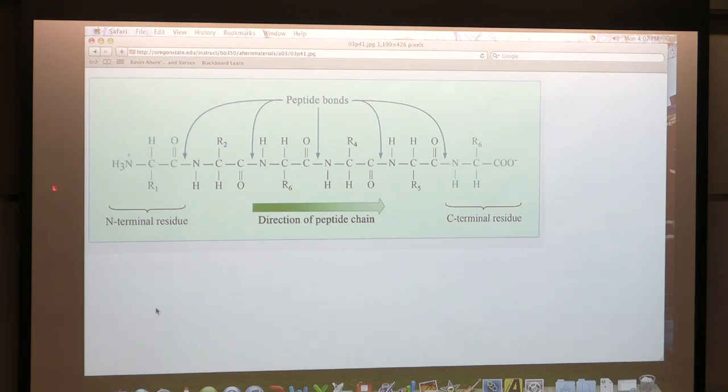So we've got 9.5, 4.4, and 2.2. What would the charge on this molecule be at a pH of 3.3? Now, I've given you enough information that you should be able to make that determination. I'm going to take you through it, but it's the kind of thing that I think you should be able to do yourself on an exam.